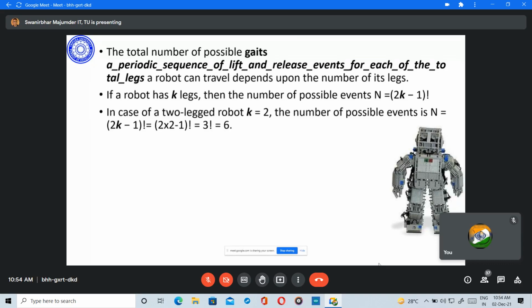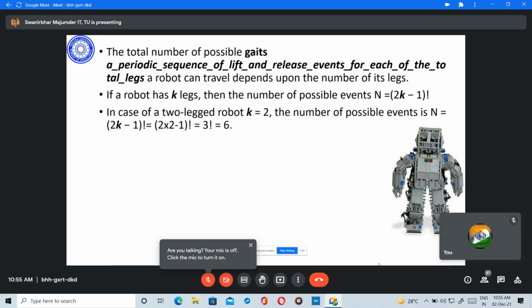But if it is 1 leg, then also you can do something like jumping. So that's why 2k minus 1. When it is 1 leg, k equals 1, so it will be 2 minus 1, so only 1 event is there. But if it is 2 legs, 2 into 2 is 4, minus 1, that is 3. So you can do 3 movements.